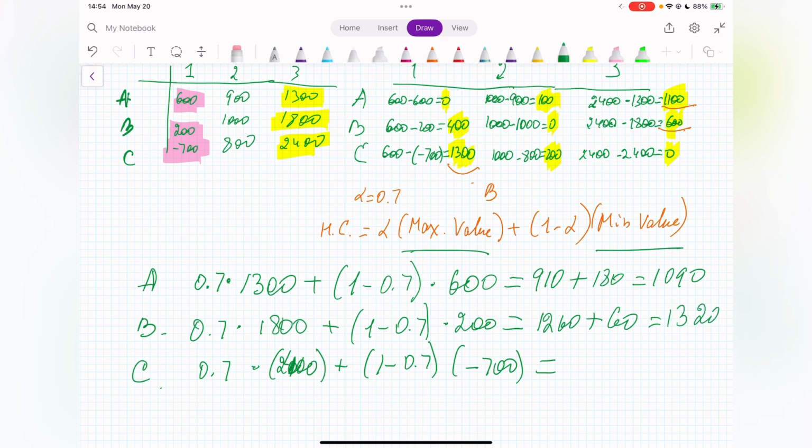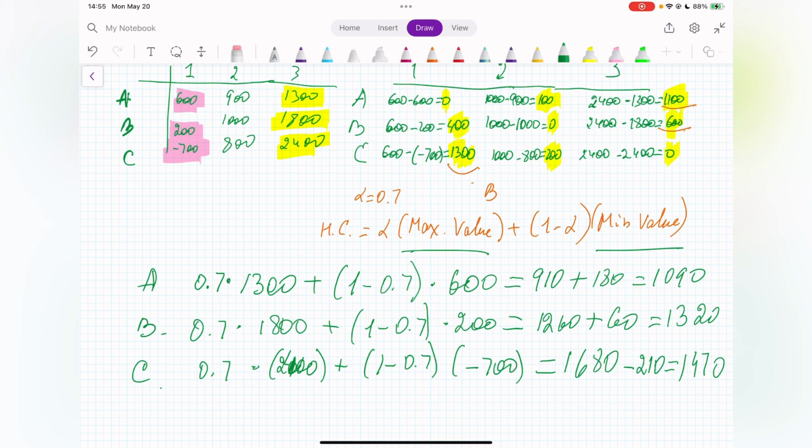And lastly, 0.7 times 2400 is 1680, minus in this case because I have a negative, 700 times 0.3, which is 210, and I am getting 1470.